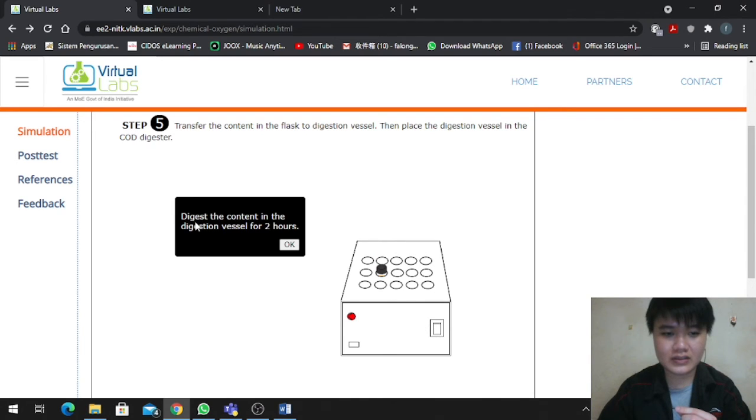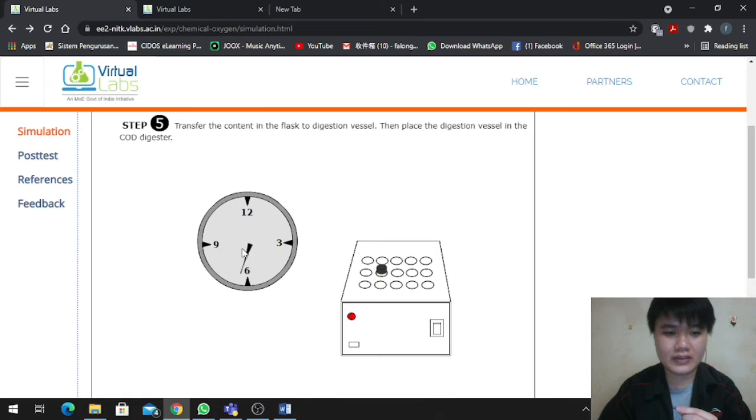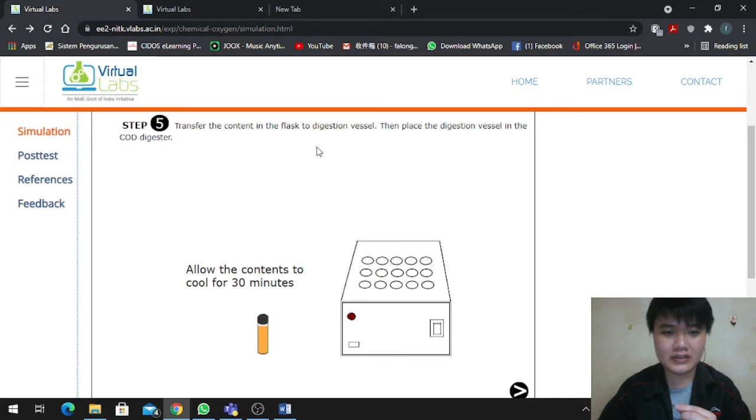Switch on and digest the contents in the digestion vessels for 2 hours. Waiting for 2 hours. After 2 hours, switch off and take out the digestion vessel. Allow the contents to cool for 30 minutes.